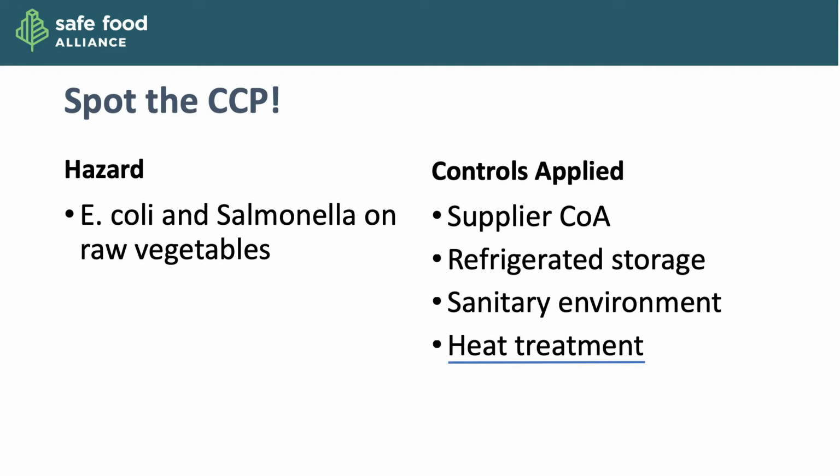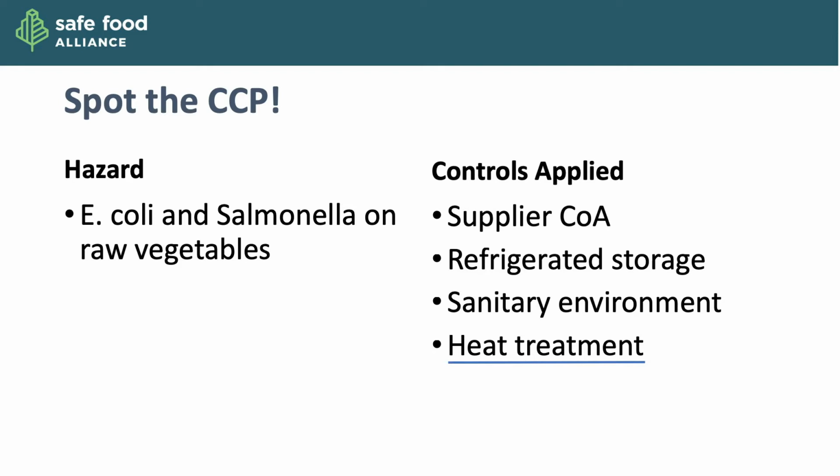We may not know what the end product is going to look like. In this case it could be a canned product, it could be an individually quick frozen freezing process of the raw vegetables. But if we were to look at what would be the most consistent and the most effective control for those biological hazards, would it be the supplier certificate of analysis, which would indicate a level of sampling and testing?